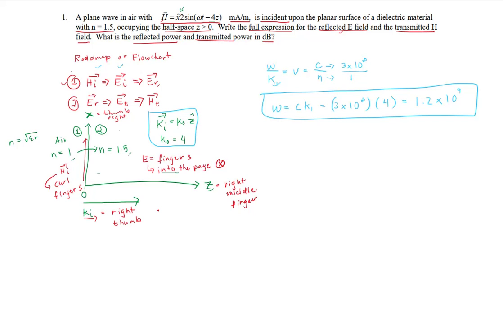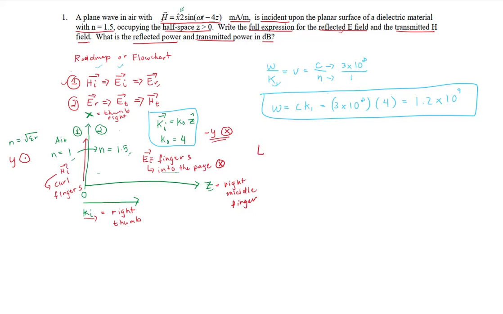So if we orient our right thumb along the x-axis and our right middle finger along the z-axis, doesn't our pointing finger point towards you, or towards yourself? That means positive y is coming out of the page and negative y is pointing into the page. Since E sub I is pointing into the page, E sub I has direction negative y.